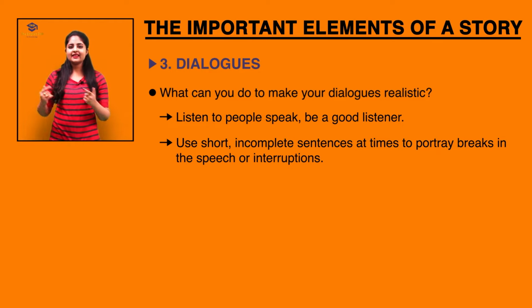You can hardly expect one person to fully frame a sentence and complete what he has to say. If it's a group discussion of some sort, there are always people interrupting each other. And if you want to portray that realistically, then obviously you have to include these interruptions and breaks in speech.